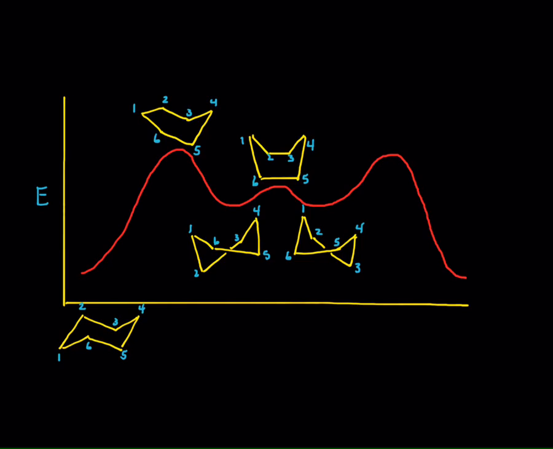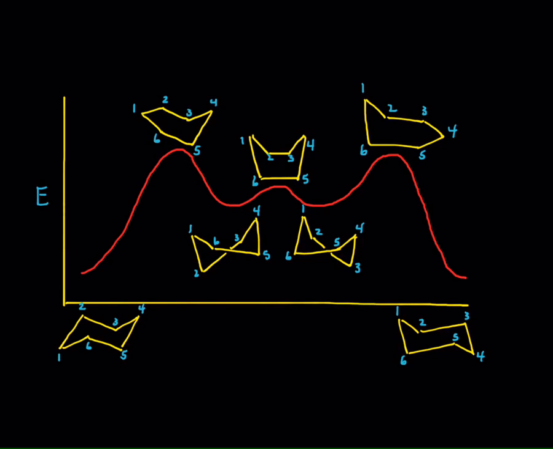And now when I start to push that C4 down, I go back into a half chair conformation, which requires energy again because I'm increasing the torsional strain, until eventually, upon pushing that C4 down even further, I get to my other chair conformation. So going from one chair conformation to the other requires this oscillating energy to occur.